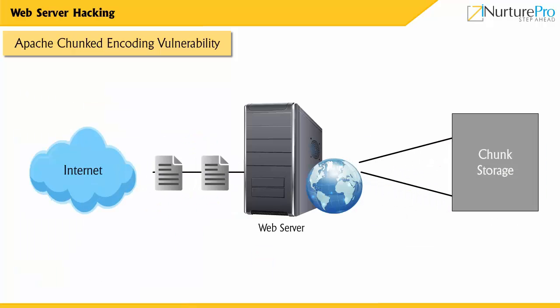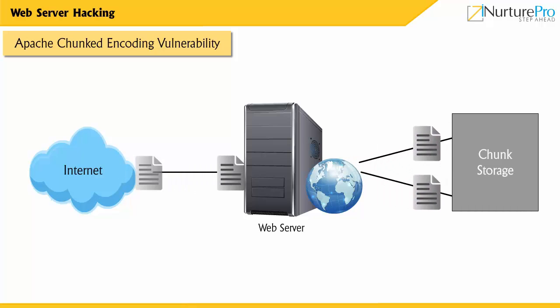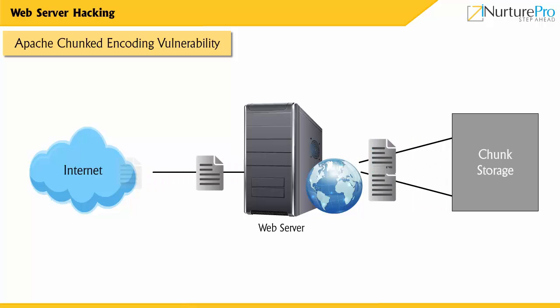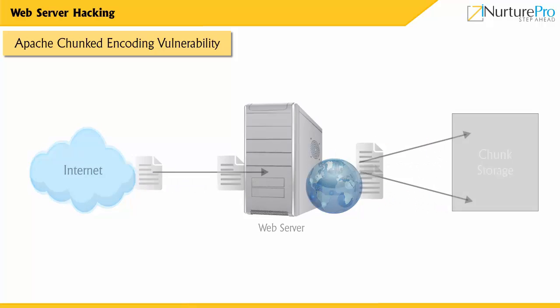Data whose size is not known accurately to the server can be sent in chunks. However, a mistake in Apache software misinterprets the size of chunks yet to be received, which results in a buffer overflow, and there may also be possibilities of malicious code execution.